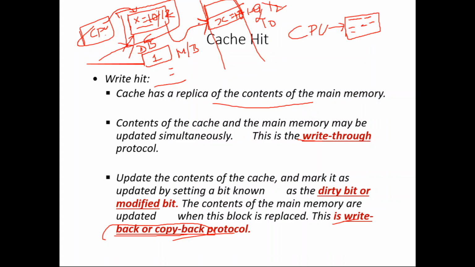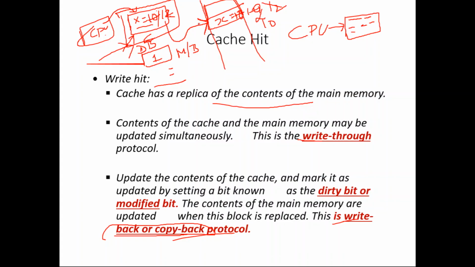And this change will reflect in the main memory once the process finishes executing. If the processor has finished executing, then the entire thing should be stored in the memory and written to the hard disk. At that time, the updated value will be written back to the main memory.